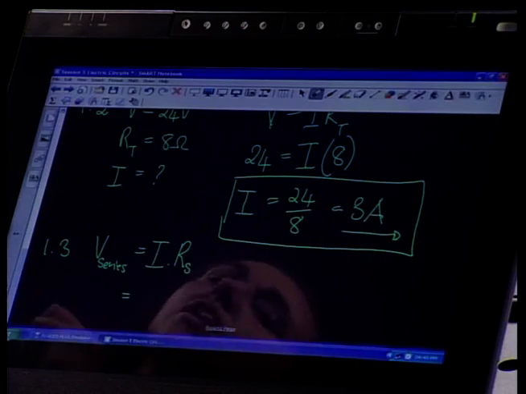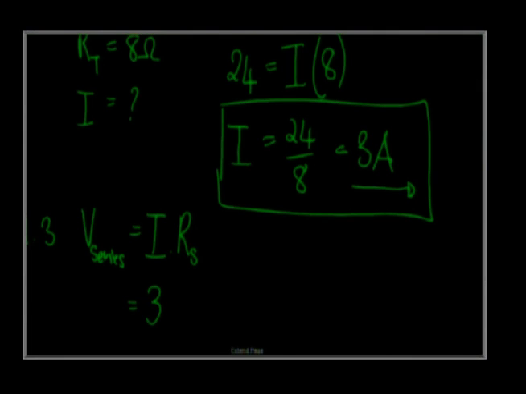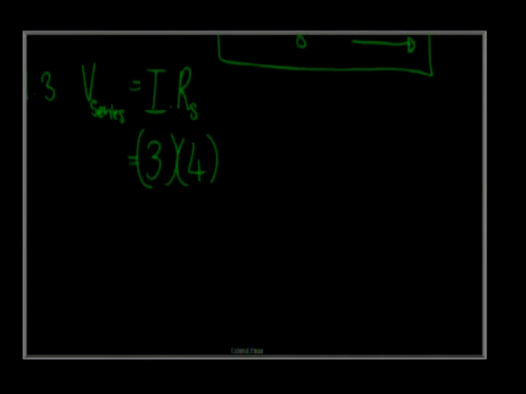Both pass through that component, which means that because it is in series, it is going to use exactly the same current as the entire circuit. Nothing has split up. So we've got 3 amperes. The resistance for that component is 4 ohm. 3 times 4 will give you a potential difference of 12 volts.